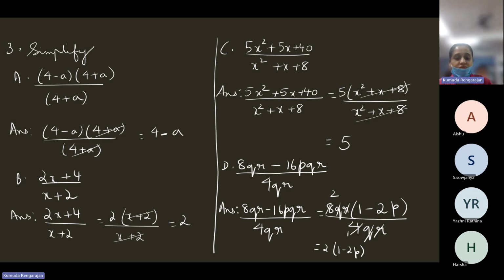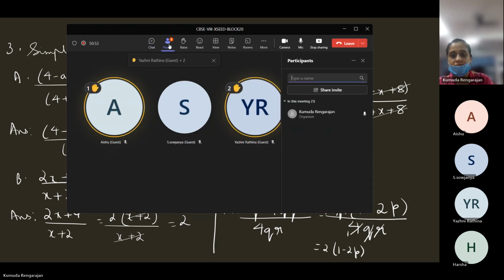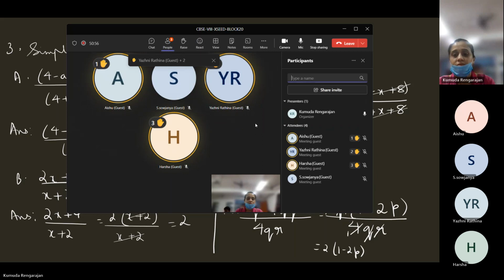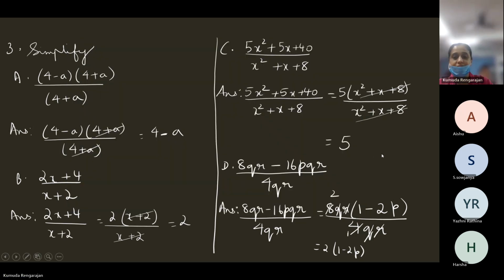Online students, use the emoji, raise your hand. Okay, Ashwarya, Yarni, Harsham, Saujanya, very good. Thank you, children. Finish writing? Online students?